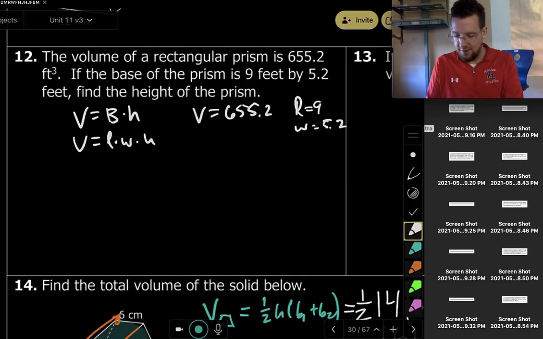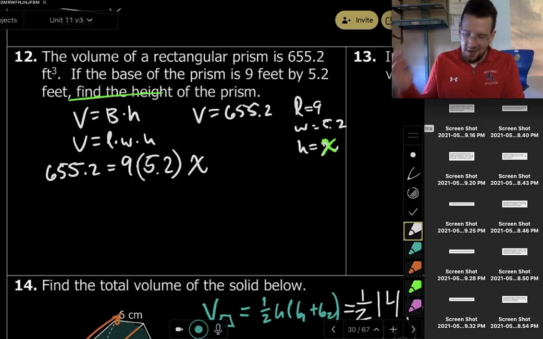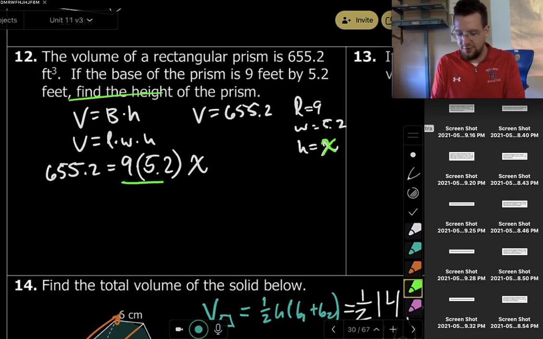We want to find the height. So when it says find the height, I'm thinking this is x. So I'm going to plug these in. 655.2 is equal to the length was 9 times 5.2. Let me put these in parens. Times x.